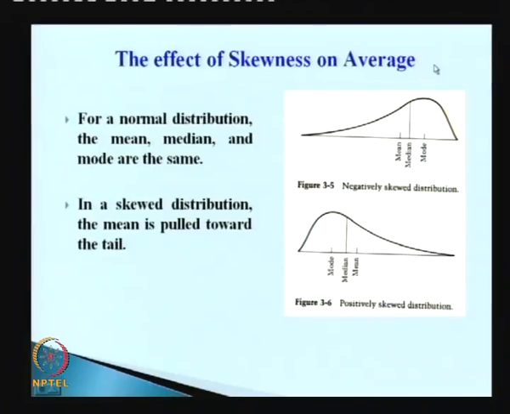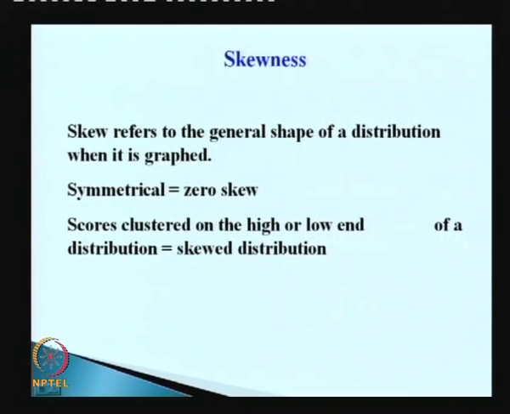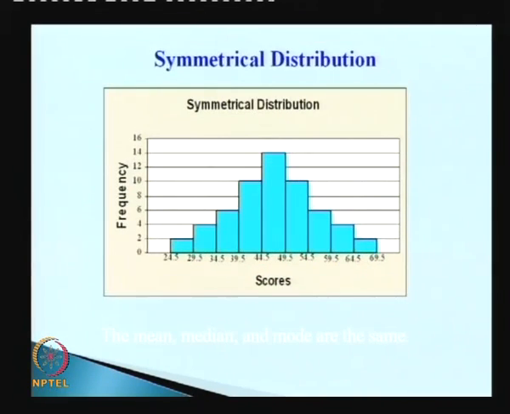If mean, median and mode are not equal, then the distribution is called a skewed distribution. It may be negatively skewed, it may be positively skewed. Okay. So, now we need to have a structure like this. This is symmetrical, zero skew, and when there is positive or negative skew, it is called a skewed distribution.